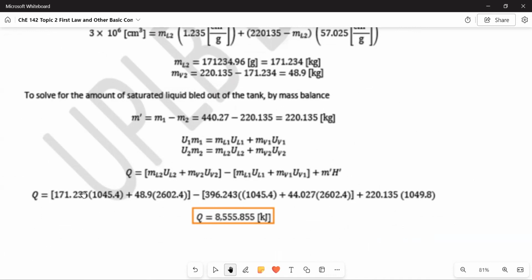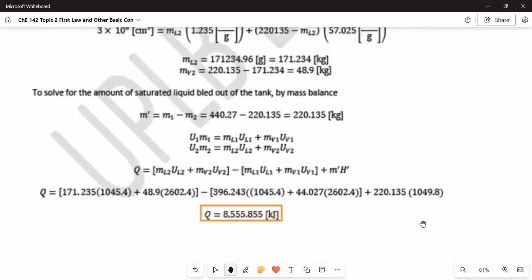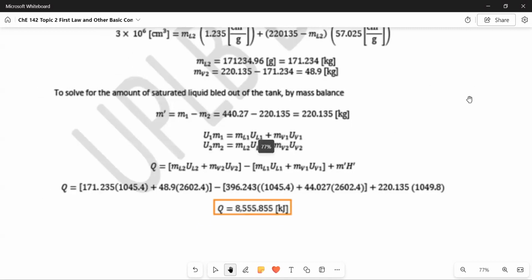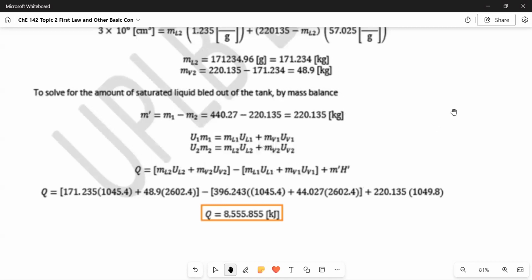We have values for all of the terms and parameters here, so we can solve for Q. Okay, so that ends the solution for example 17. So it's longer. If it's an unsteady state process, the solution is quite longer than that of a steady state process.